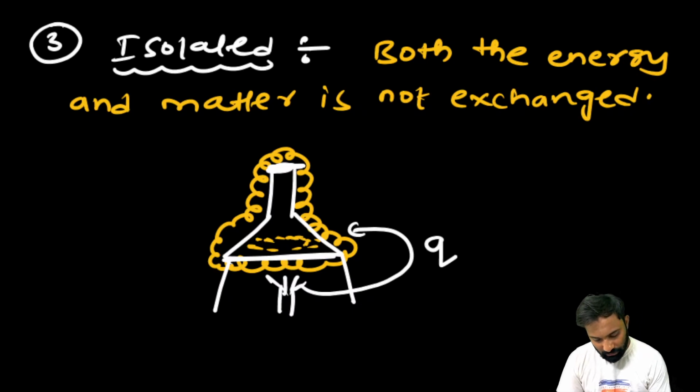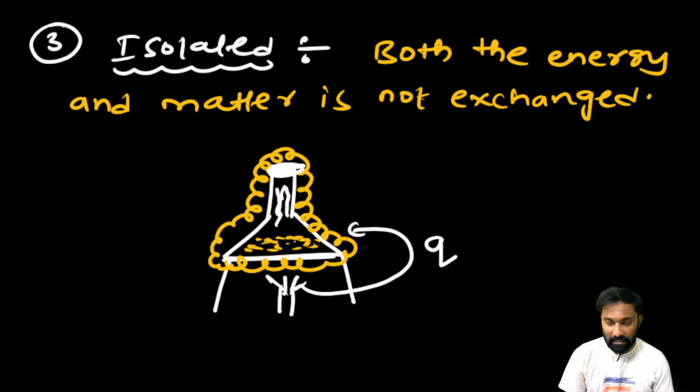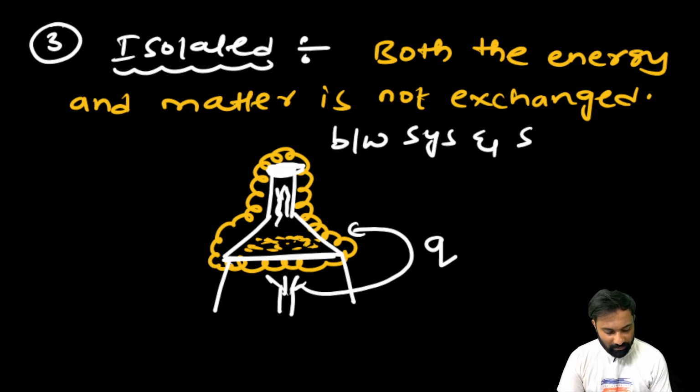Suppose this liquid has some energy and is converted into gas, but it also does not have a chance to escape because the lid is closed. So in the isolated system, both the energy and the matter are not exchanged between system and surrounding. Clear? This is one key point you have to remember.